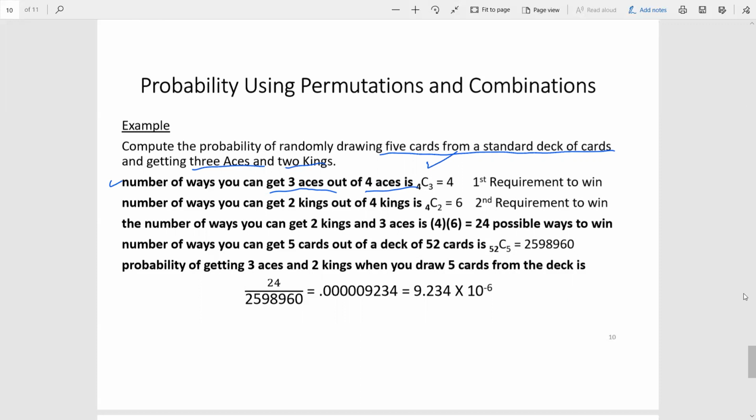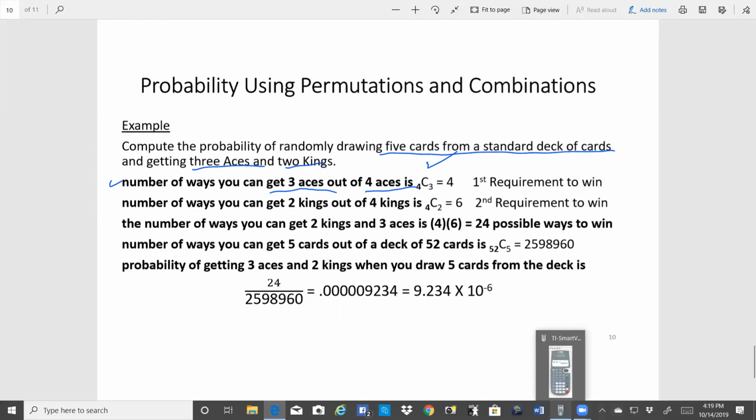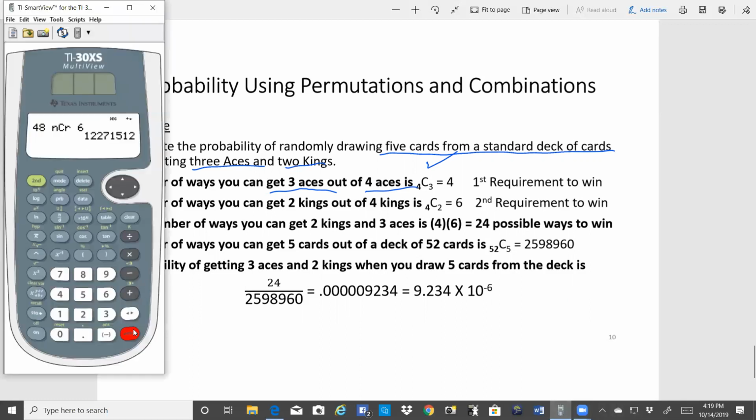And I'm going to stop and do this. The answer is 4. Put in 4, probability. We're going to do combinations, taking 3 at a time. Something did not go right.